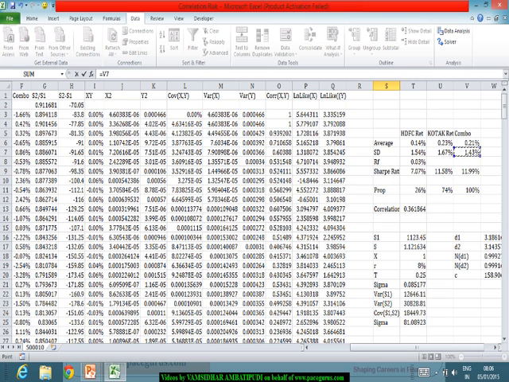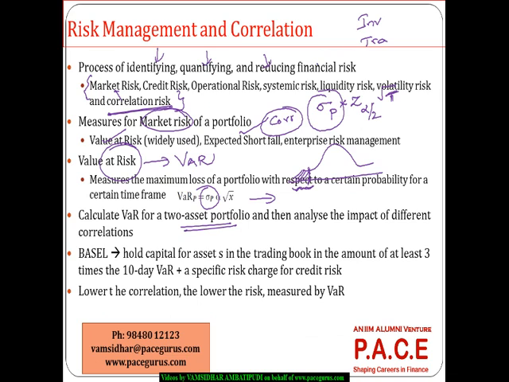I'll take the standard deviation of the portfolio multiplied by the Z value; if I'm going with a 99% confidence level, then this Z value will be 2.33.